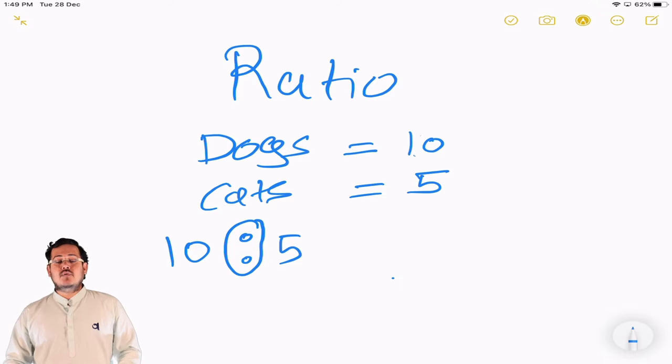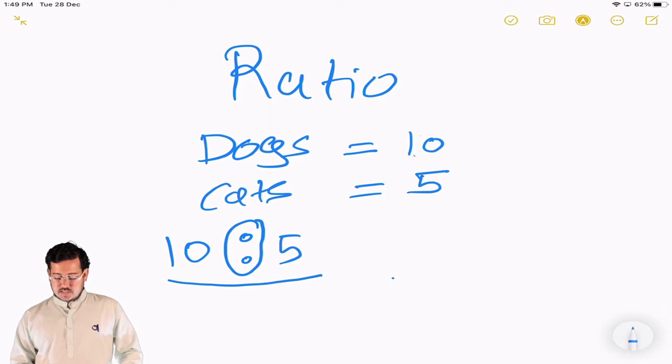Now, today's first topic that we are going to start is ratio in the smallest term. Taking this example, as you can see, this 10 ratio 5 can be further simplified, and that is called going for the lowest term of the ratio. So let us start with the first topic, that is ratio in the simplest form or lowest form.